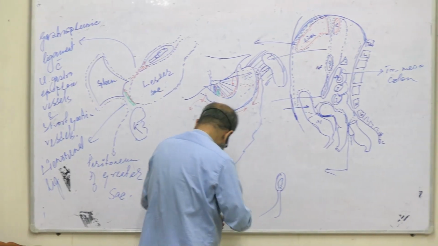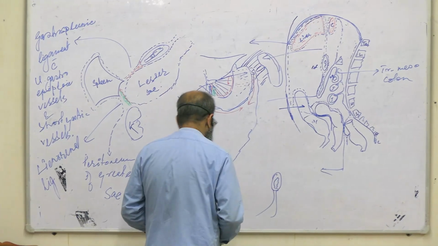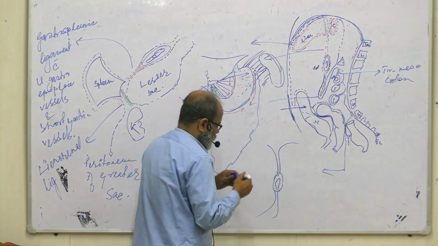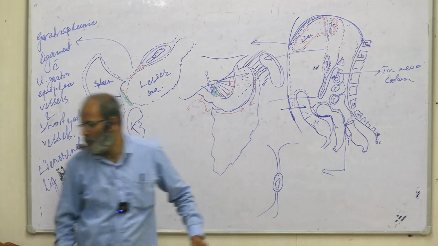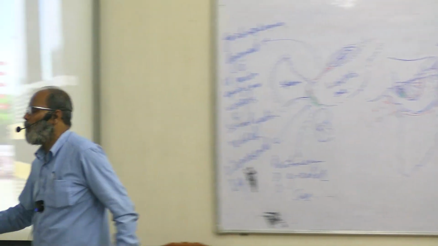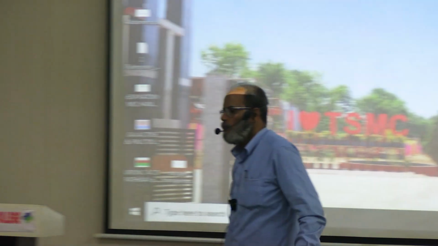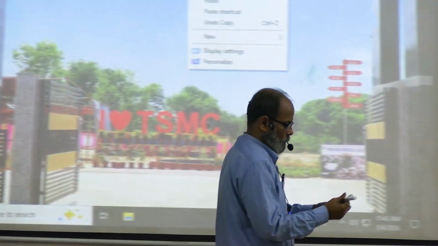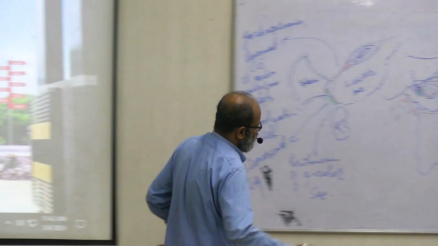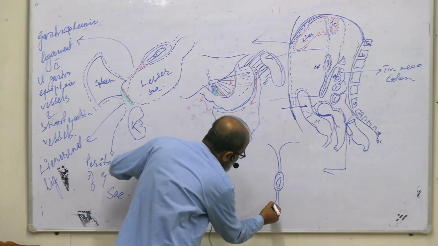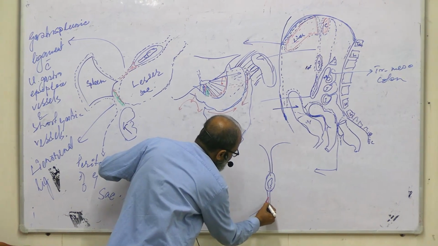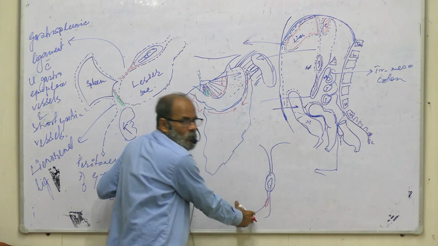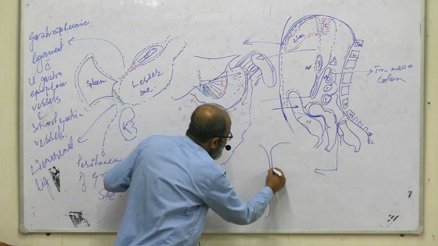The spleen will develop here, that is the left wall of the dorsal mesogastrium, and the liver will develop here.